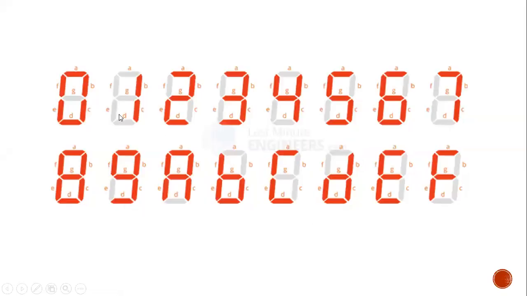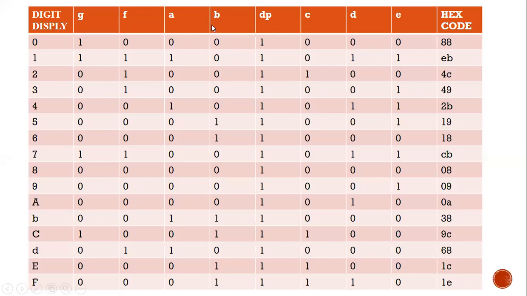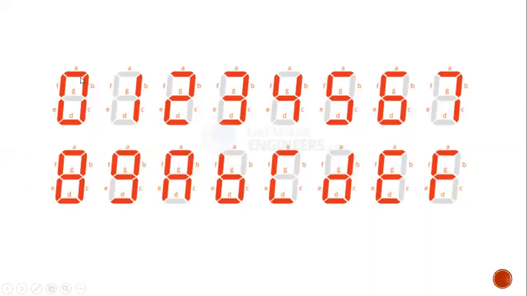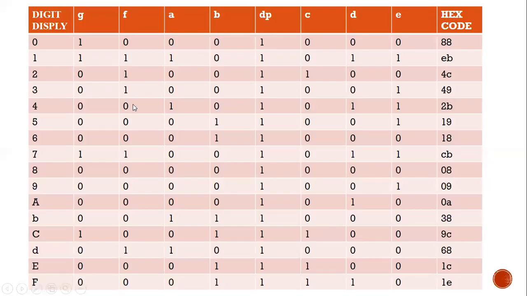So B and C will be logical zeros, except that all will be logical 1. Again you can calculate the value: 1110 will be E, 1011 will be B, so EB. In the same way, I will calculate the values for 0 to F and write them down as a truth table.